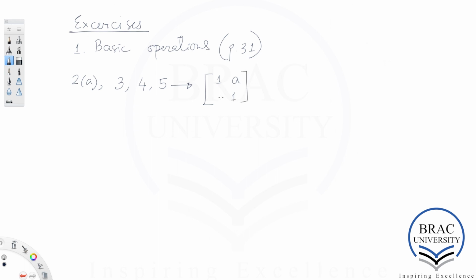So whenever some entry is missing, it means that that's 0. Okay. So it is the same as this 2 times 2 matrix. Okay. So this is number 5. Then you need to do number 7, number 8, number 11, number 12, number 16, and finally number 19. There are 10 problems here in the first exercise.